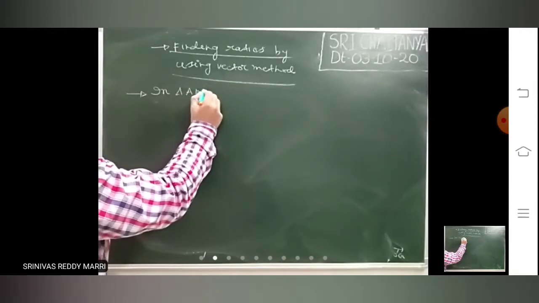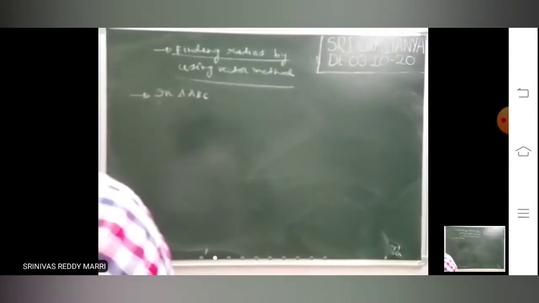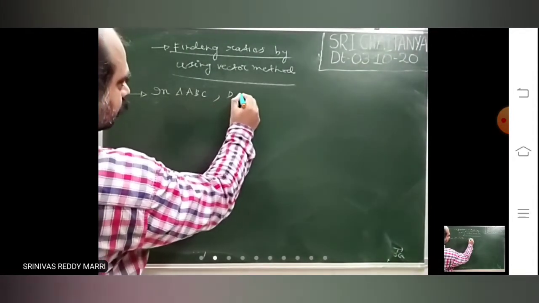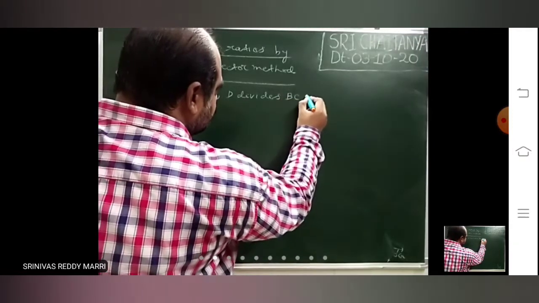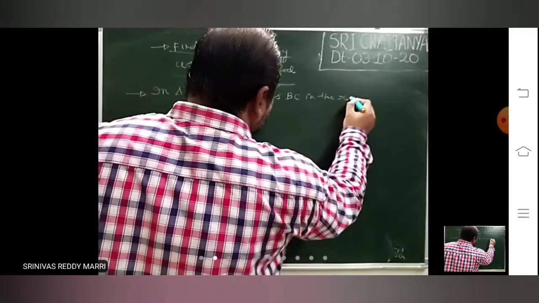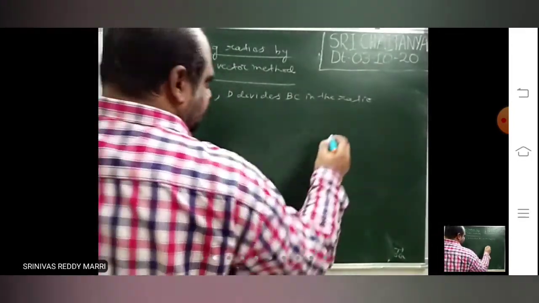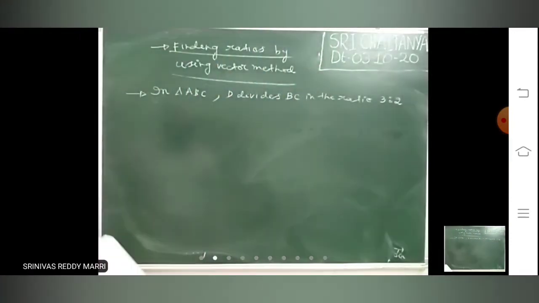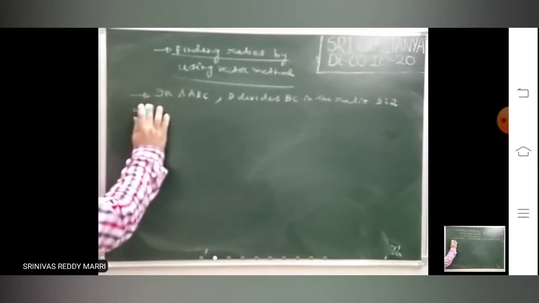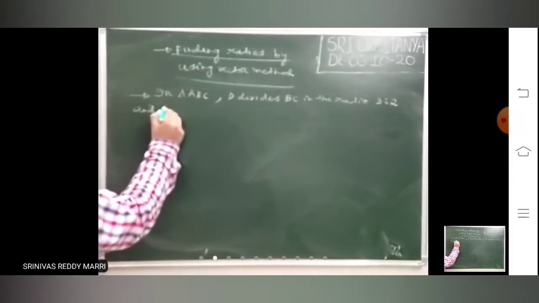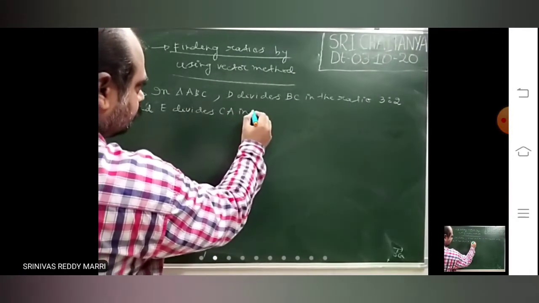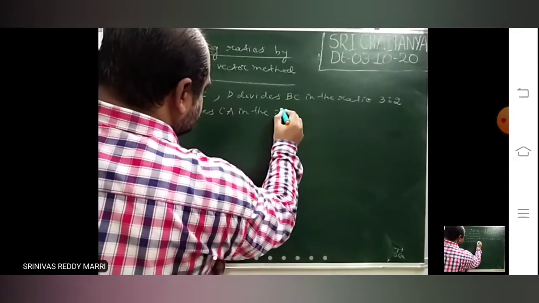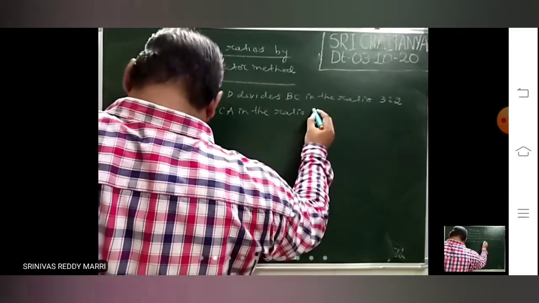In triangle ABC, D divides BC in the ratio 3:2, and E divides CA in the ratio 1:3.